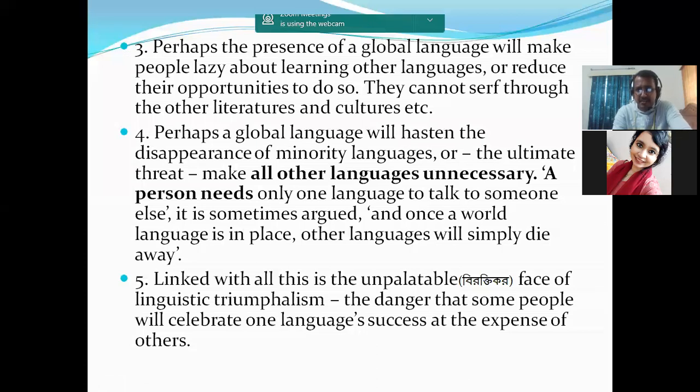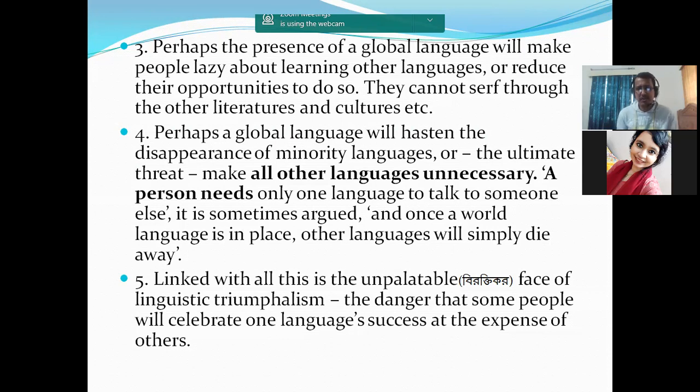And very recently, Lata Mangeshkar has died, and she composed songs in 36 languages. And a language has a link to the cultures, literatures, and other performing arts of a country.